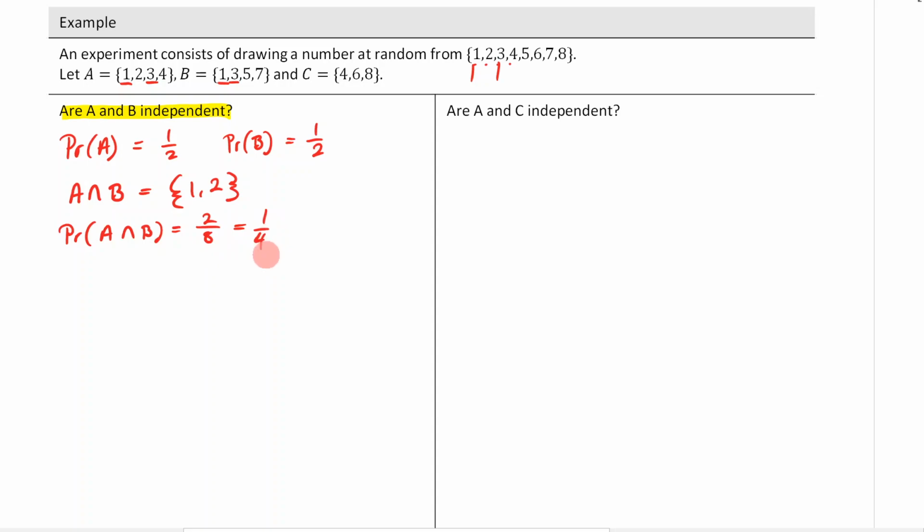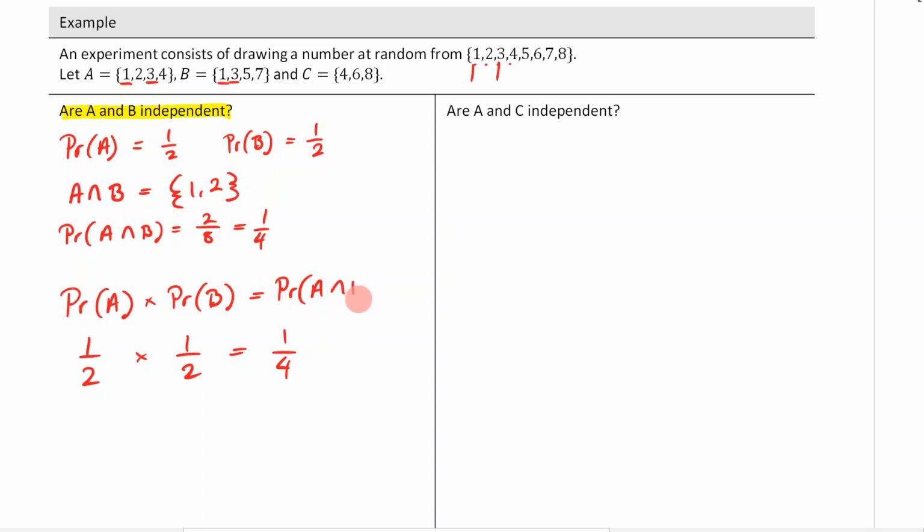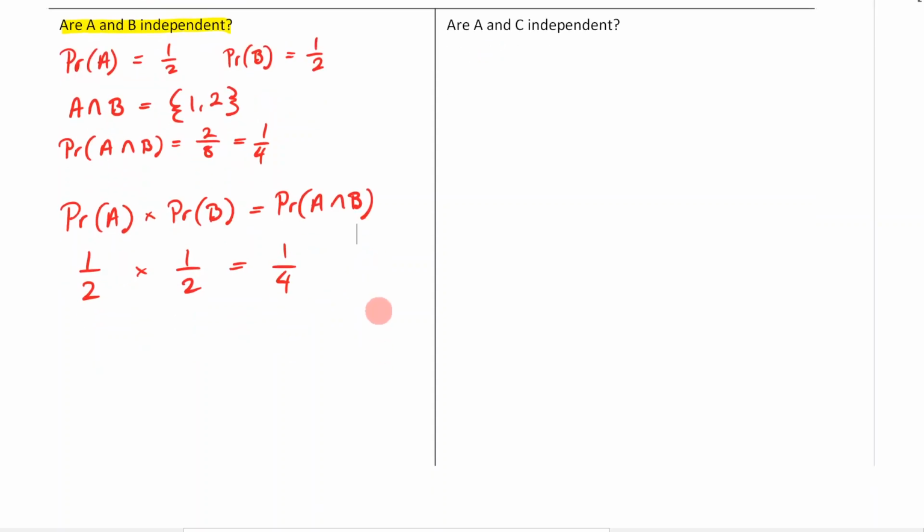Now we're going to use our test for independence. The probability of A times the probability of B is equal to what? 1/2 times 1/2 is equal to 1/4. And would you look at that? 1/4 is the probability of A intersection B. So that means, here's the big moment, everyone.